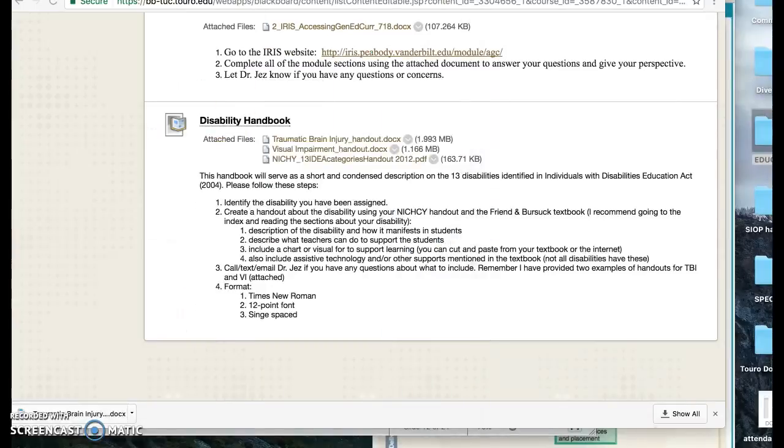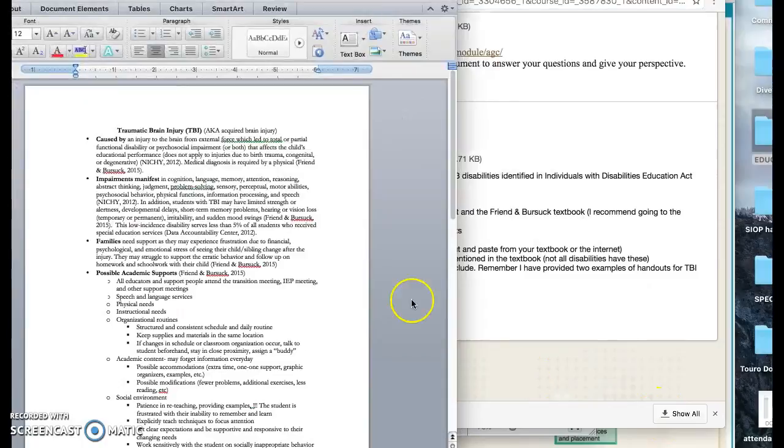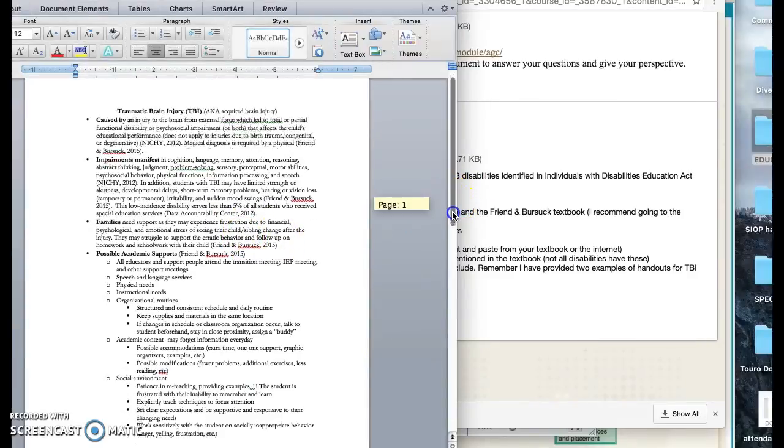The other one that I did for you is traumatic brain injury, also called acquired brain injury: what it's caused by, what it means, how it manifests, and the experience that families can have, because for this disability families sometimes struggle very much, and we need to be aware of that as teachers and educators.